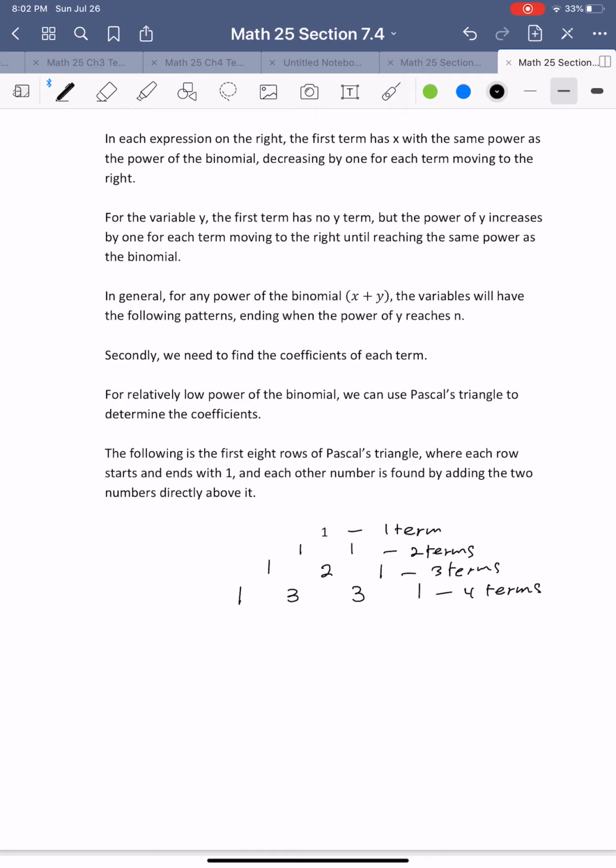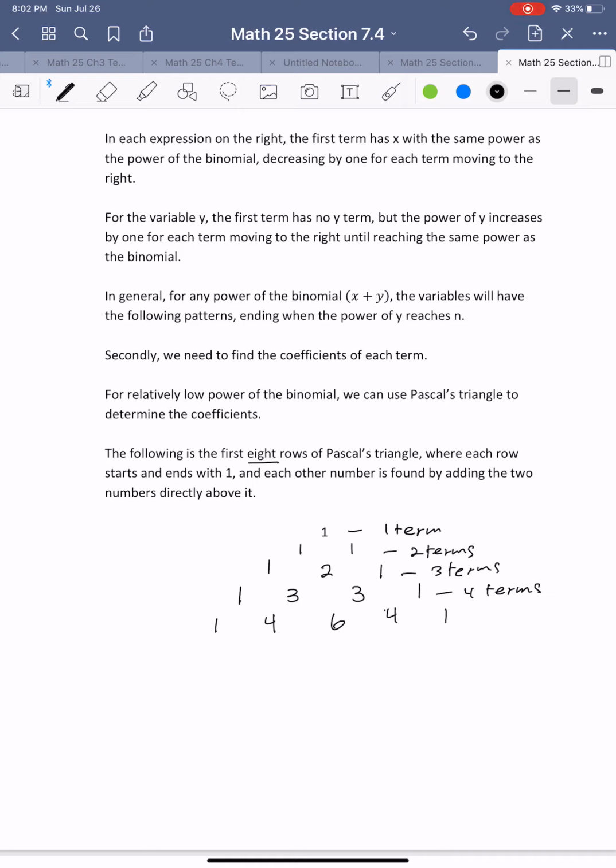I want to get up to the first 8 rows, okay? So we have the fourth row right now. Okay, so 1. Now 1 plus 3 is 4. Now we have 3 plus 3, 6. And then we have 3 plus 1, which is 4.